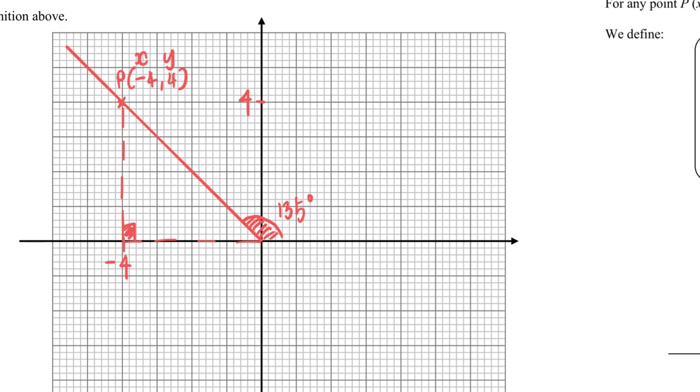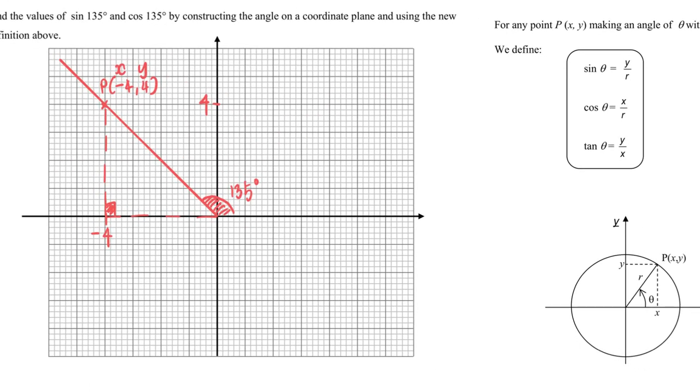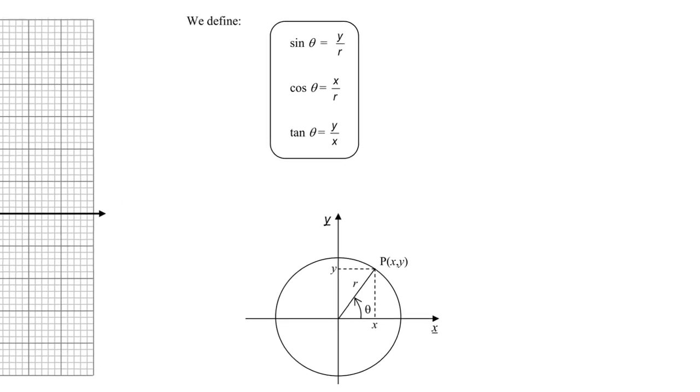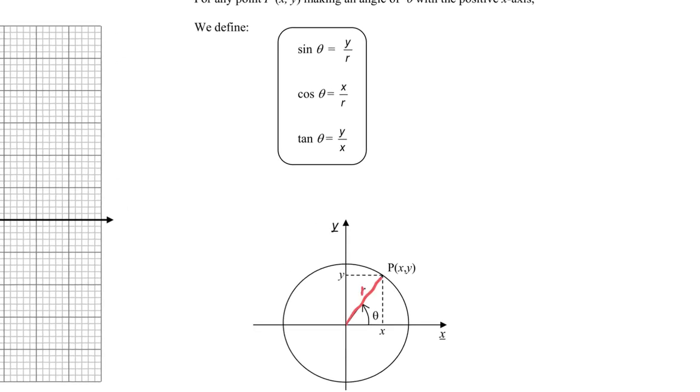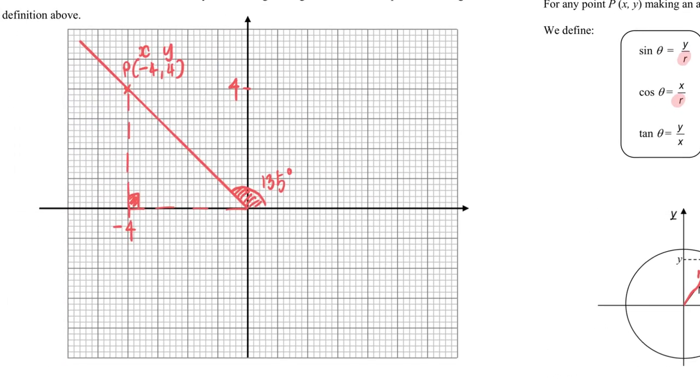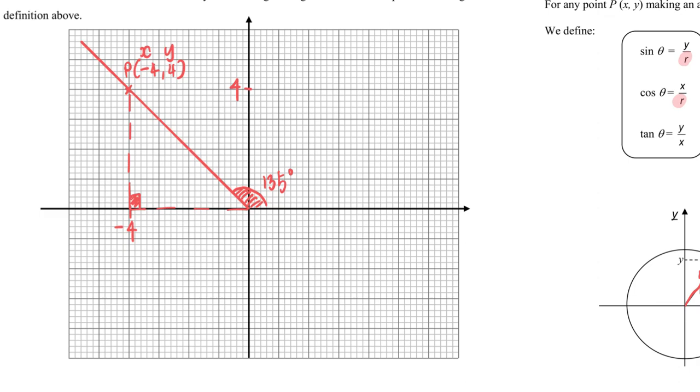And from here, because I do want to find my r, if you look at the definition, there will be instances where I need to divide by r. So at this stage, I probably do some working at the side here. My r is actually equals to the square root of negative 4 squared plus 4 squared.